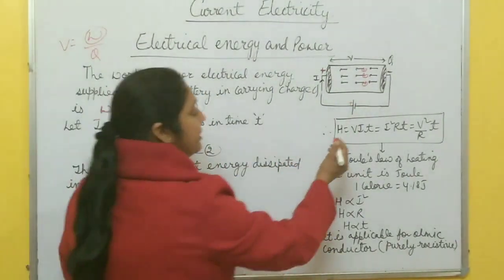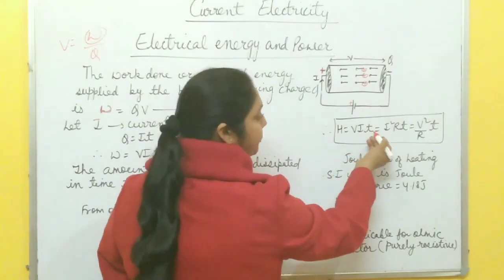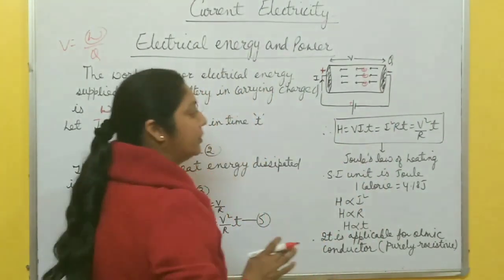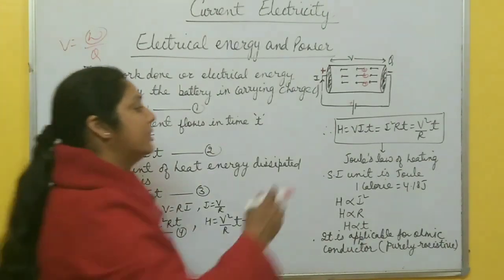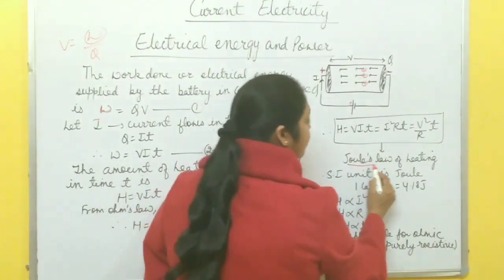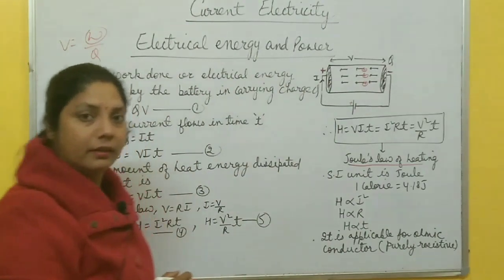That heat energy is denoted by H equal to V I t equal to I square R t equal to V square by R t. This is also called Joule's law of heating.